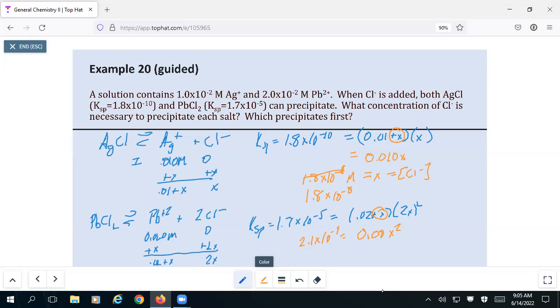Oh, got ahead of myself there. 2.1 times 10 to the negative 4th is equal to x squared. Square root of that, we get an x value of 0.01.